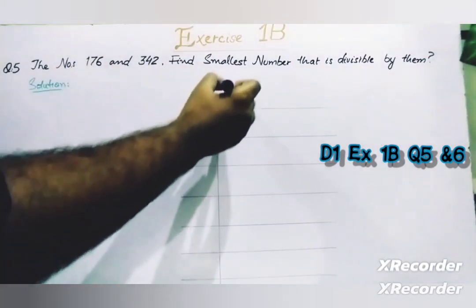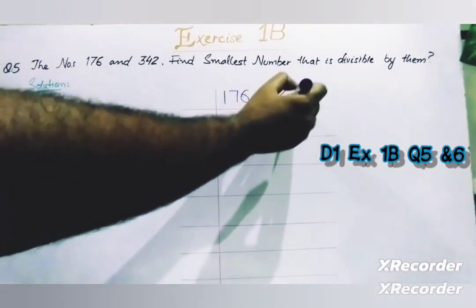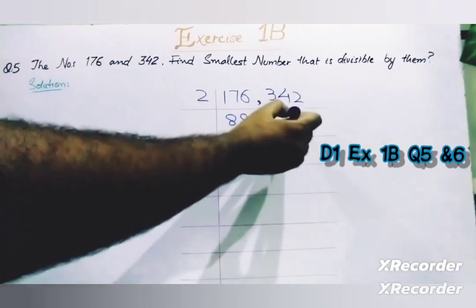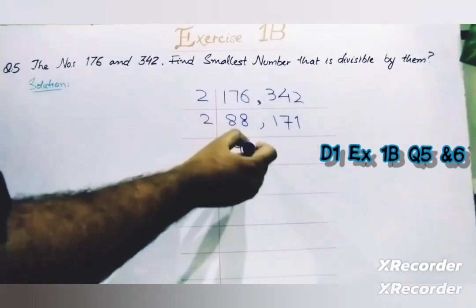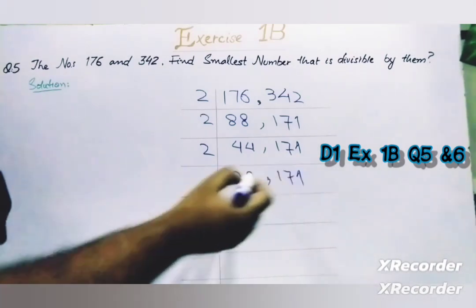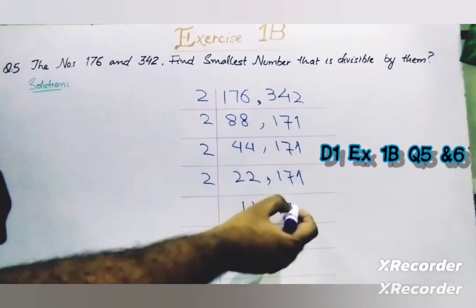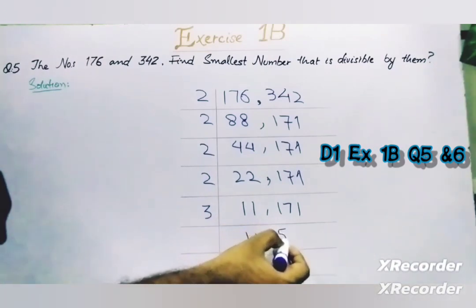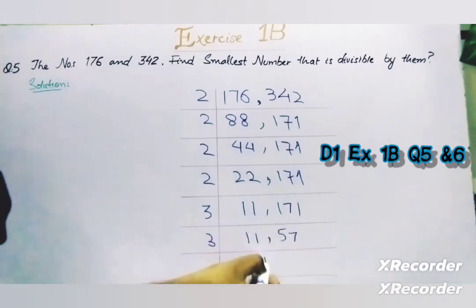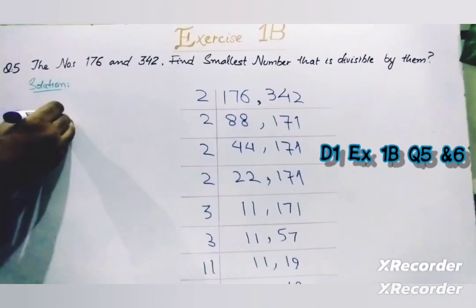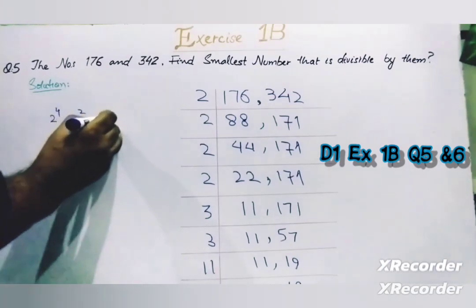So the two numbers are 176 and 342. So what factors have we got? 2 to the power 4 multiplied by 3 square multiplied by 11 multiplied by 19.